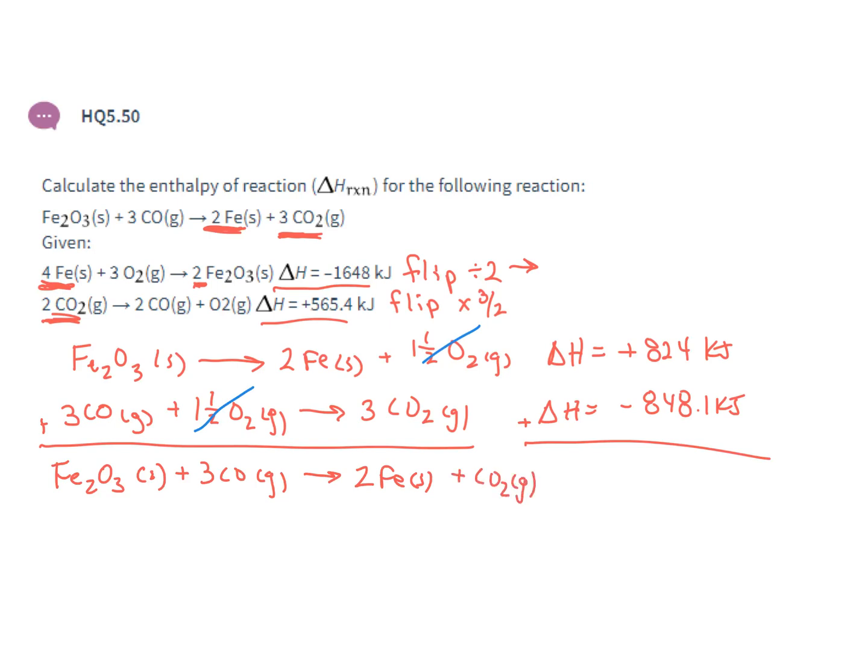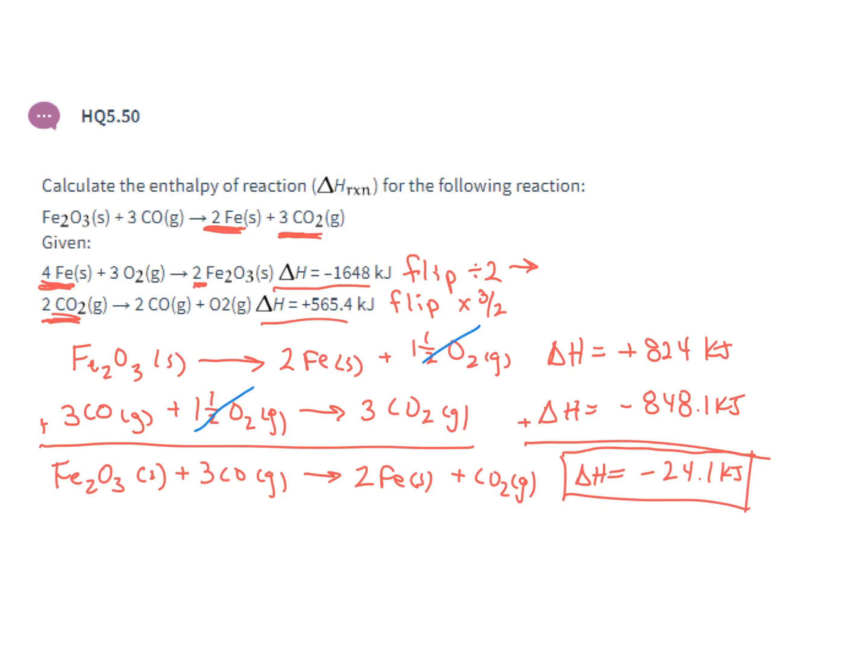And I can add together the delta H values to see the new delta H for this reaction should be minus 24.1 kilojoules.